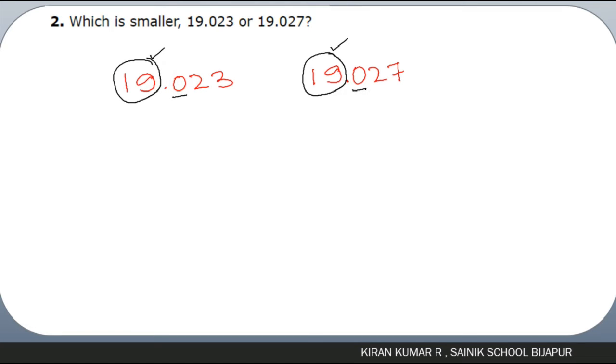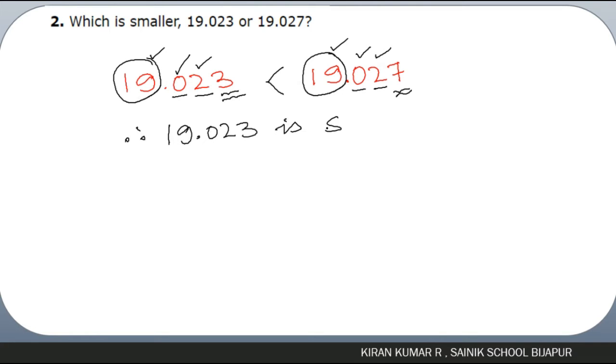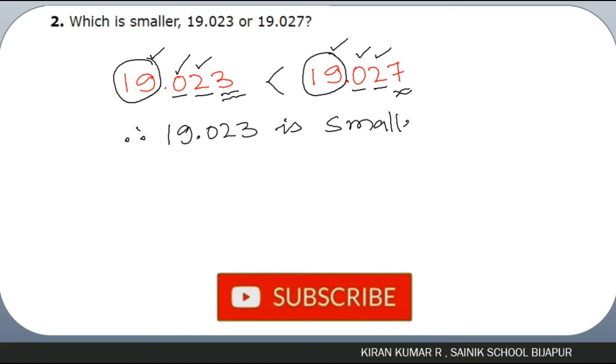Ones place, they are also the same. Sorry, tenths place, they are the same. Hundredths places are also the same. Now we will look at the thousandths place. This 3 is smaller compared to 7. That is why this particular number, 19.023, is smaller.